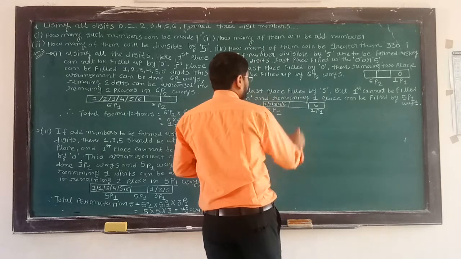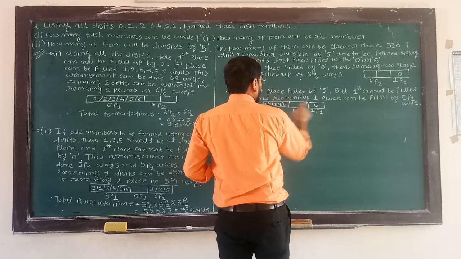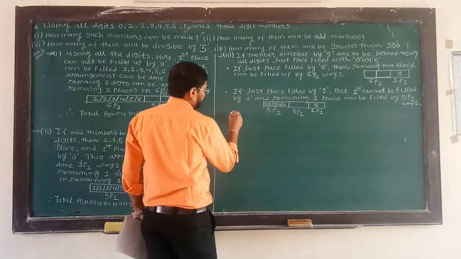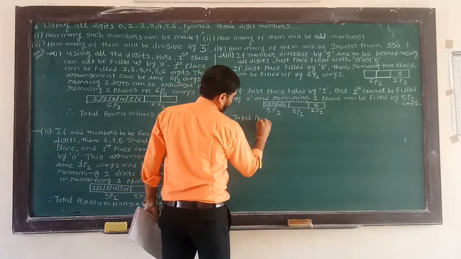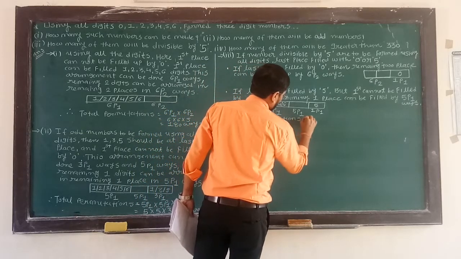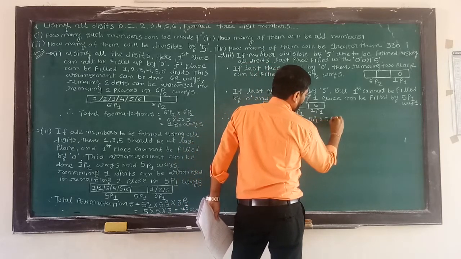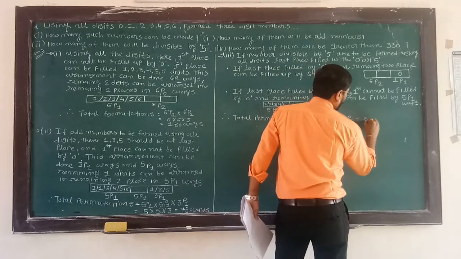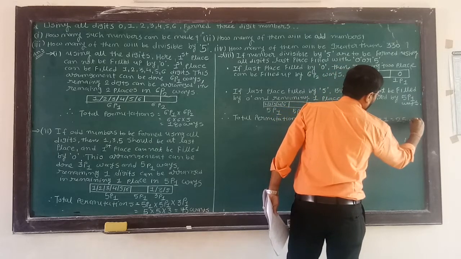And in the middle we also use remaining numbers, one is used here and one is used here. Now 5 numbers are remaining, so we write 5p1. Total permutations is equal to 5p1, 5p1 and 1p1. So we write 5 into 5 into 1, so 25 ways.